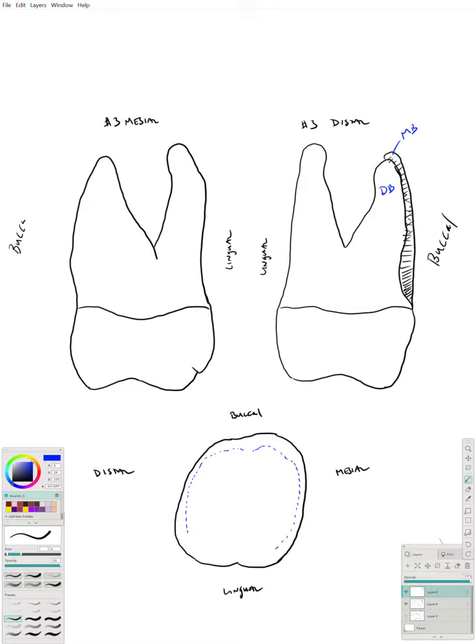So let me back up just a little bit. I'm going to erase this. I'm going to keep the marginal ridges in blue, and then we'll try to make the cusps red.